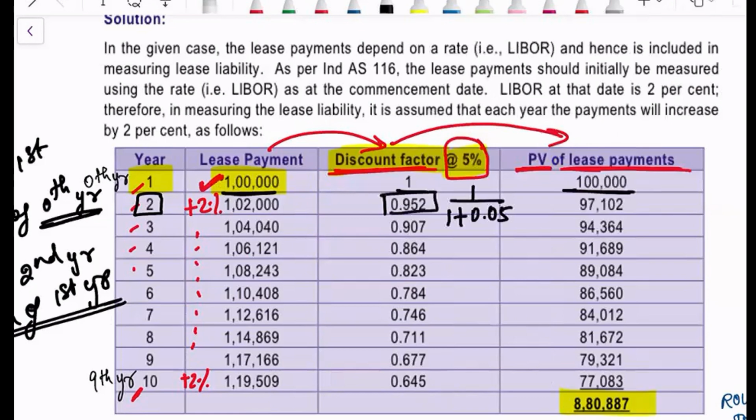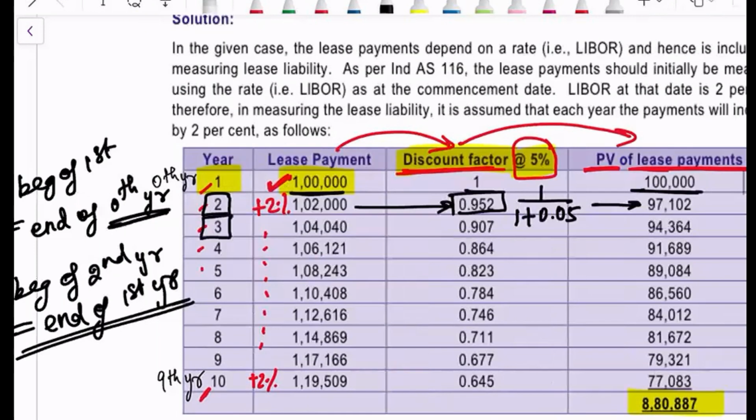If you multiply this, you will get your present value. For the third year, the same way. Year 3 beginning is nothing but the end of year 2. So here, you multiply by 1 divided by 1 plus 0.05, here it was end of year 1, here it is going to be end of year 2. So accordingly, find out the discount rate and discount it.